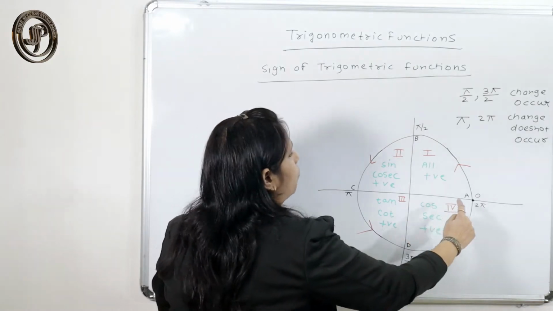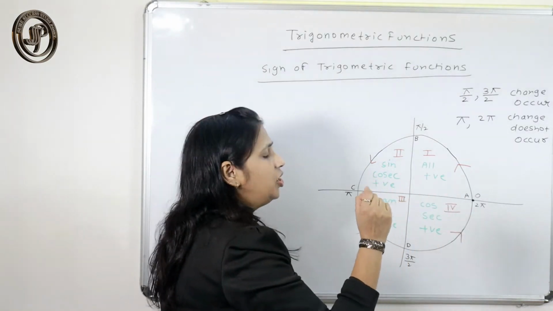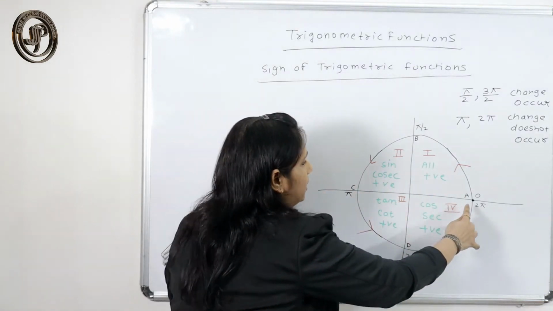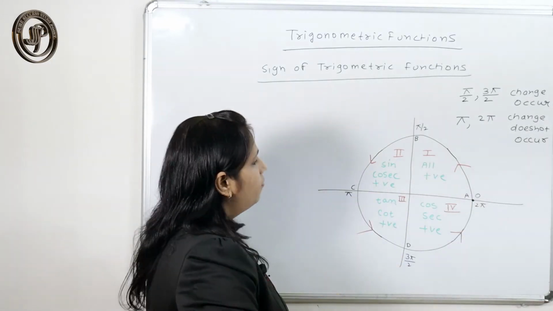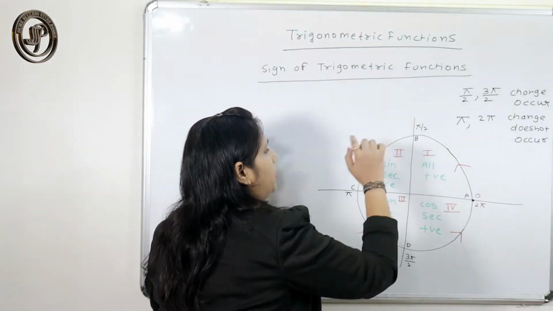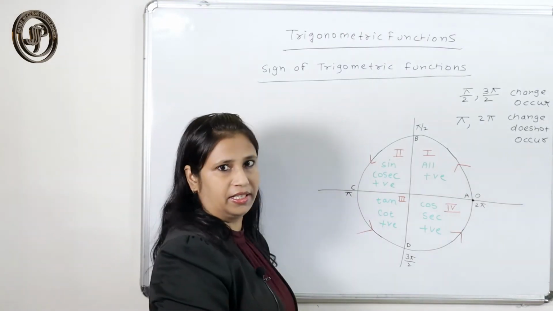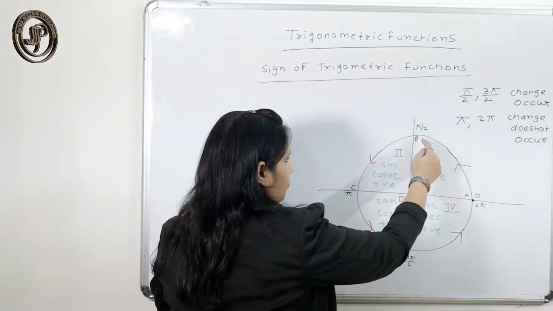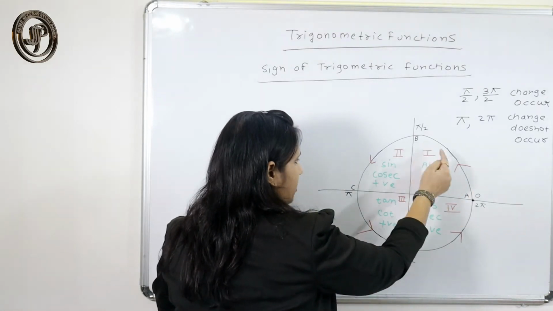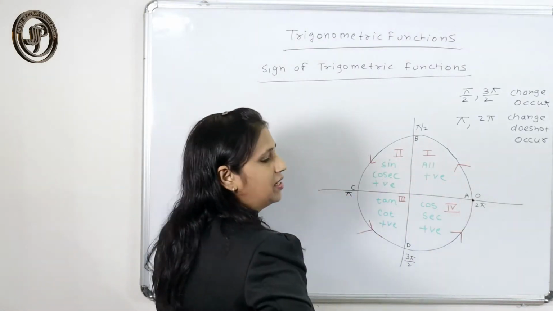Now suppose I am at the initial point A. If I move from A to B, I cover an angle of 90 degrees.